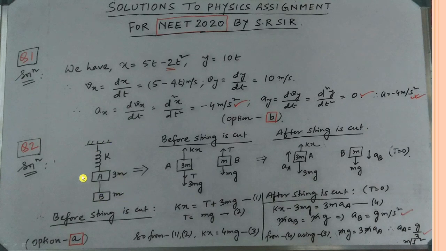At first, what will be the free body diagram before the string is cut, that is at this position? If a mass is suspended from a spring, it will elongate, so a restraining force will act. For A, the 3m mass, the gravitational force 3mg will act downwards.